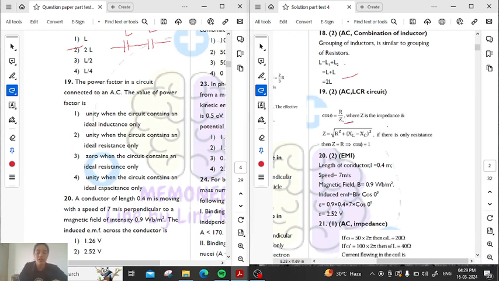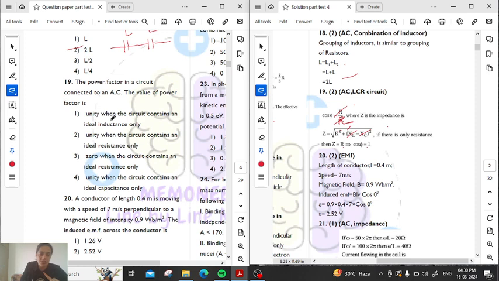The formula for Z is the square root of R square plus the whole square of XL minus XC. If there is only resistance, then this will cut out, and the square is cut by the under root. We have only Z equals R. So Z equals R is given, so we put R here. This will also cut, it will become 1. So cos theta will become 1.